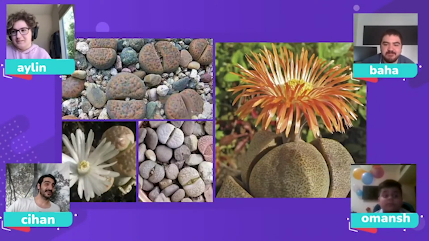Yeah, definitely. It is called lithops, and the direct translation is stone face, like you explained. So they are like stone face things, but they have flowers as well, as we see in here.